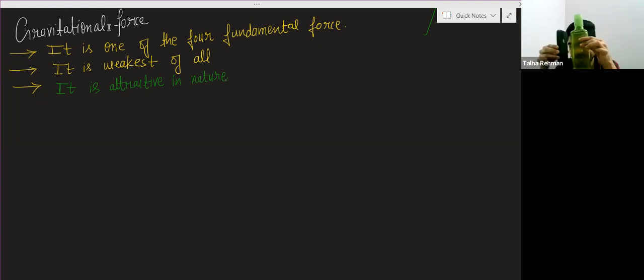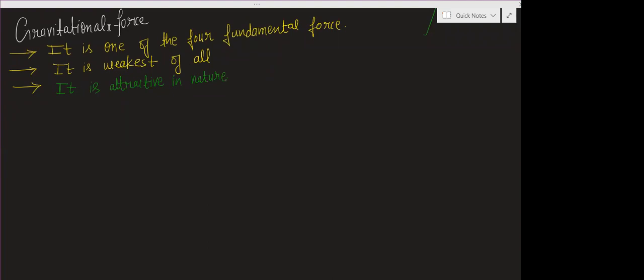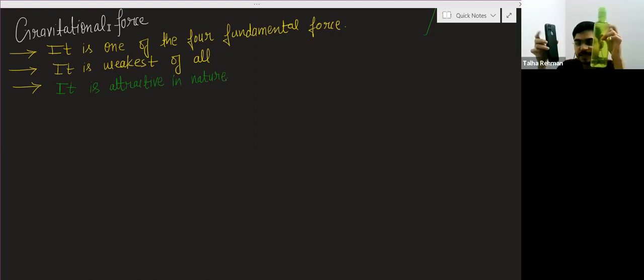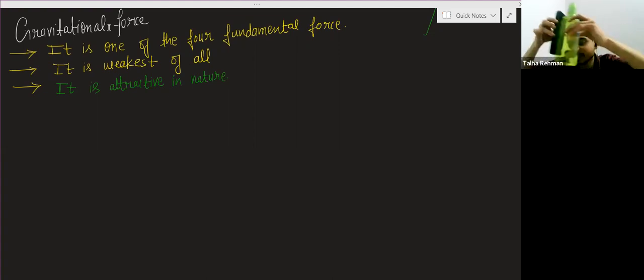There is no motion like this. They cannot come into contact with the help of that force, because that force is very small. Okay, so I am saying there will be a force, and that force will be attractive in nature. It tries to bring these objects closer.